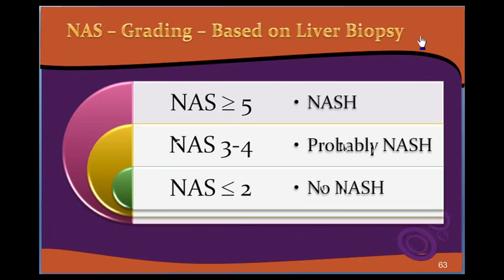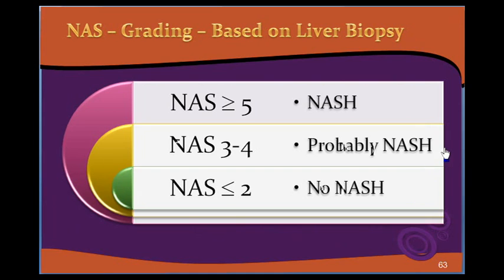If the NASH score does develop depending on the histological changes that I have explained in the previous slide, based on the liver biopsy, if the score is less than or equal to 2, then there is no NASH in that particular patient.